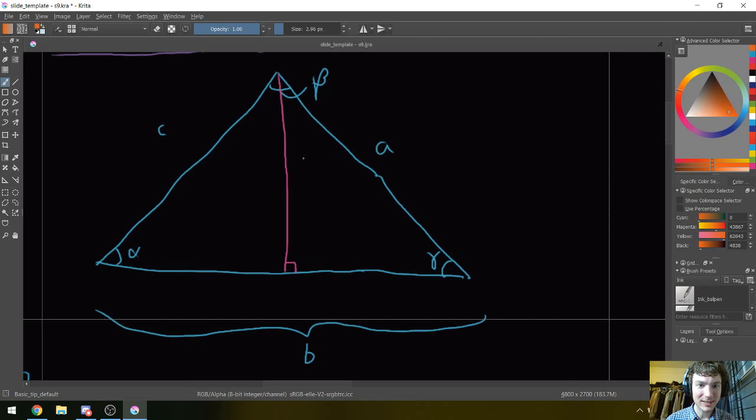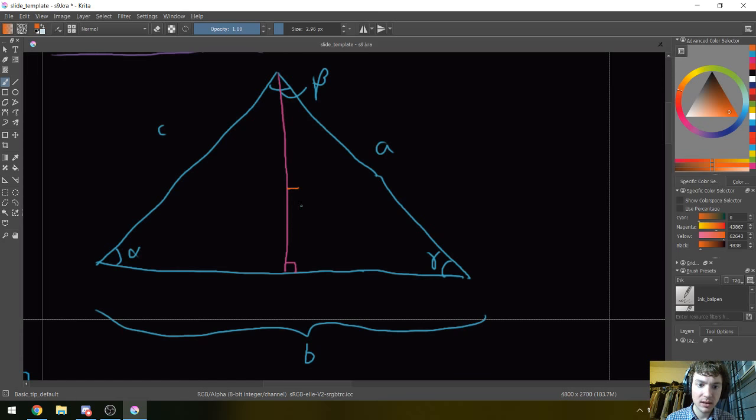Okay, well, assuming the variables are reasonable enough, the question I'd like to ask is, what are the lengths of these 3 things marked in orange if I drop an altitude? So the pink line is dropped from the point which has angle beta, and it's dropped to make a right angle with the opposite leg. So I've just dropped this down so we can use some trigonometry.